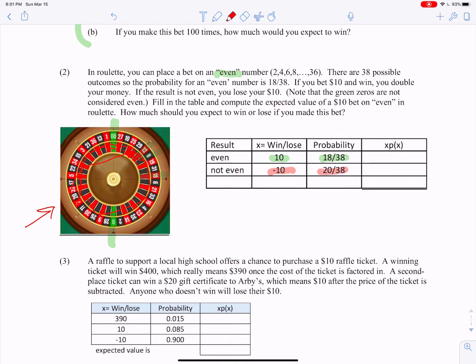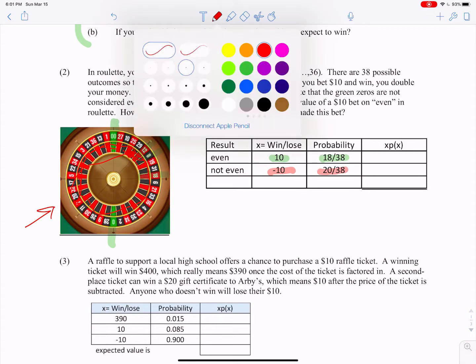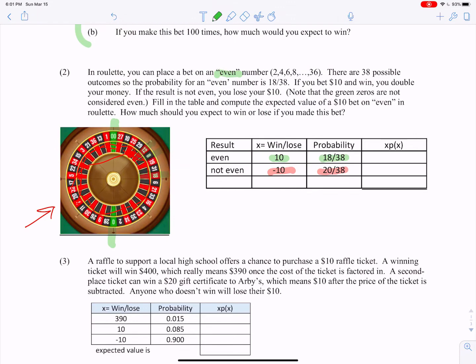So to calculate the expected value, we multiply straight across. 10 times 18 over 38 is 180 over 38. And negative 10 times 20 over 38 is minus 200 over 38, which is negative 20 over 38.